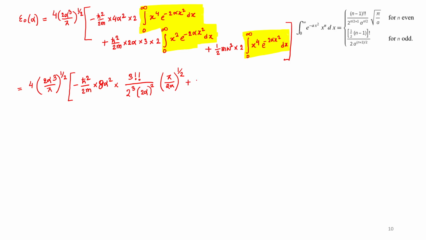In the second part, I am going to get h cut square by 2m into 12 alpha into this x. So this we know, this is 1 double factorial 2 over 2 into 2 alpha, and then 5.